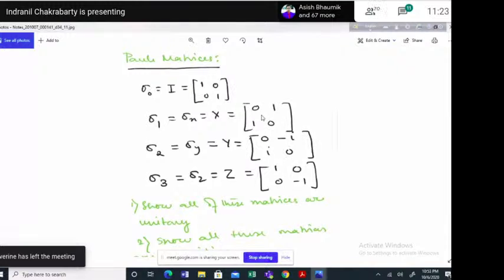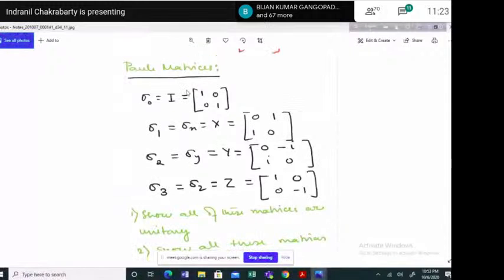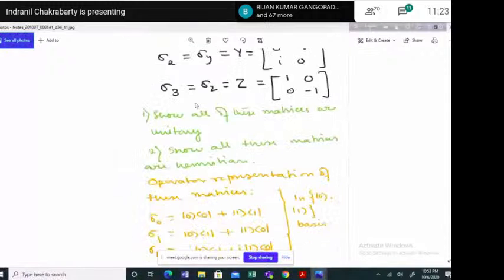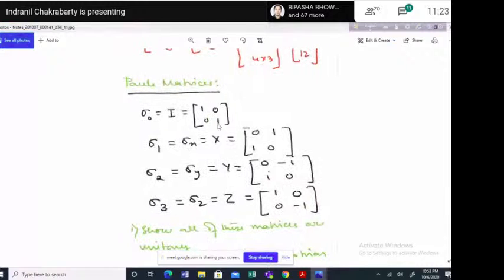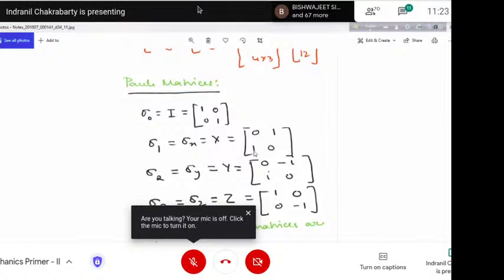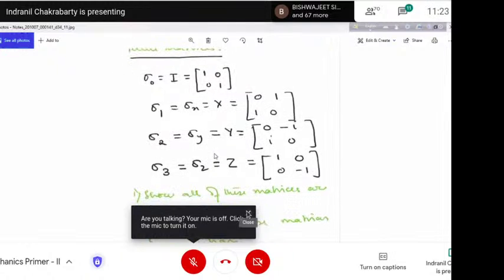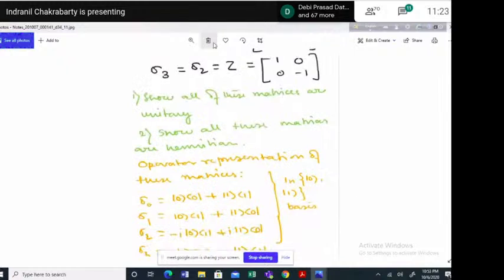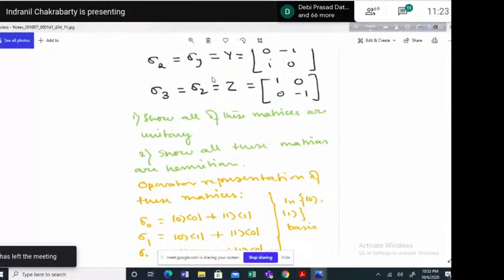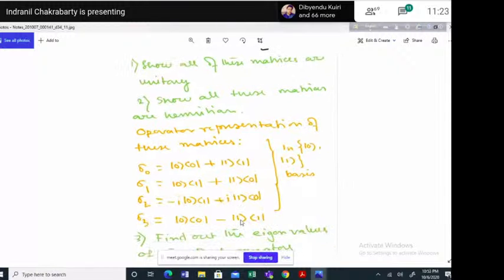So in the computational basis, when your basis vectors are 0 and 1, the operator representations are: sigma 0 will be |0><0| plus |1><1|, and sigma 1 will be |0><1| plus |1><0|, and sigma 2 will be minus i|0><1| plus i|1><0|, and sigma 3 will be |0><0| minus |1><1|. So these are the operator representations, right?